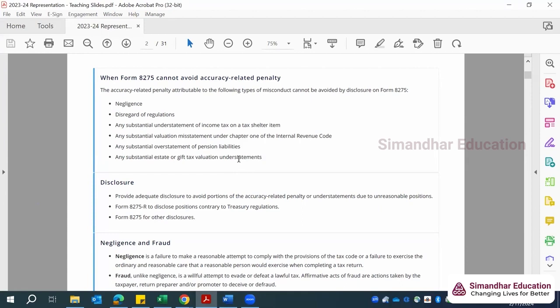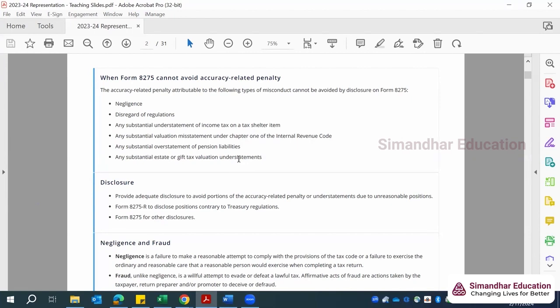So I am actually making reasonable attempts to make sure that I understand the expenses that they have listed for the business, and also making an effort to bifurcate the business expenses and the personal expenses. If I fail to exercise ordinary and reasonable care when I'm preparing a tax return, that is when I am treated as negligent.